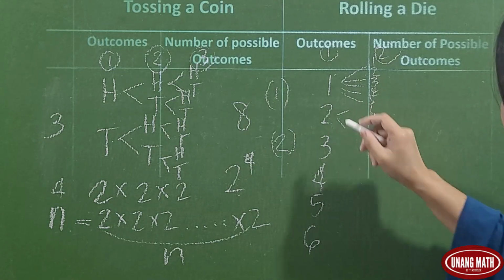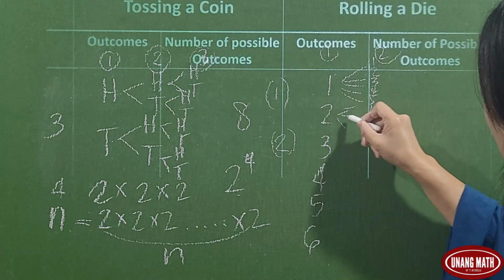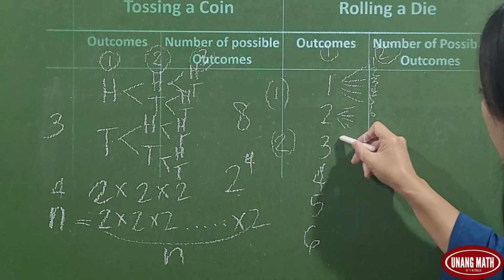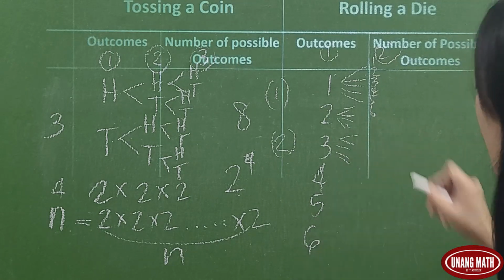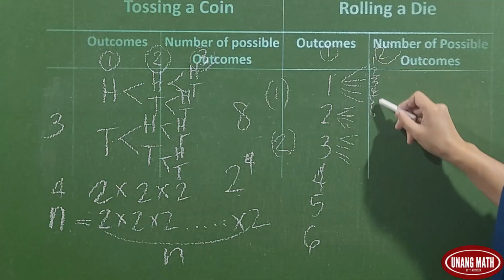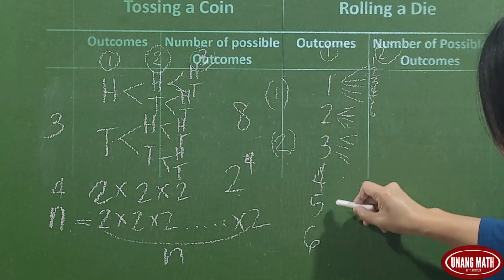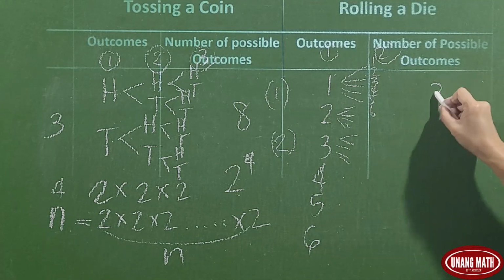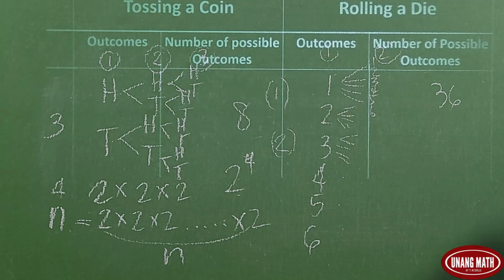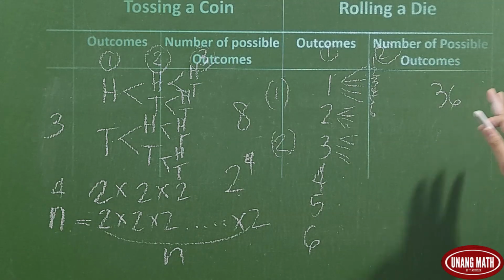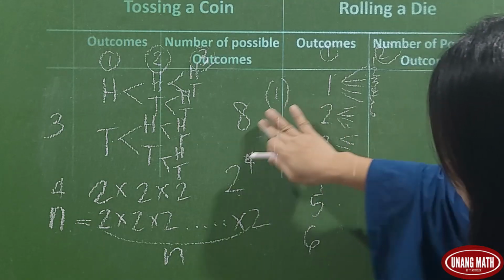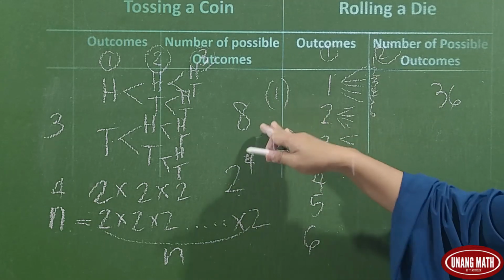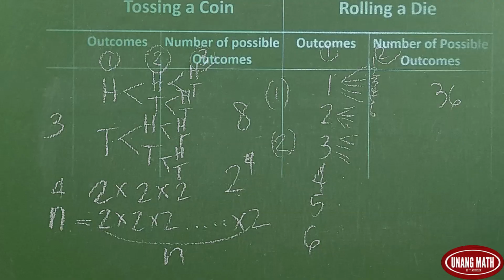Same with this die: 1, 2, 3, 4, 5, or 6. So 6 times 6 is equal to 36. So we have 36 possible outcomes when we roll 2 dice at the same time.